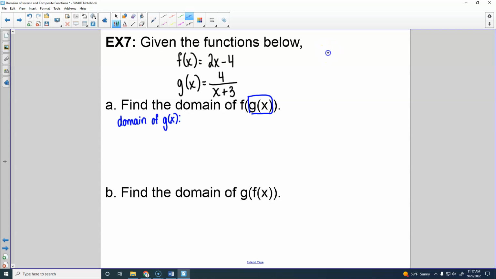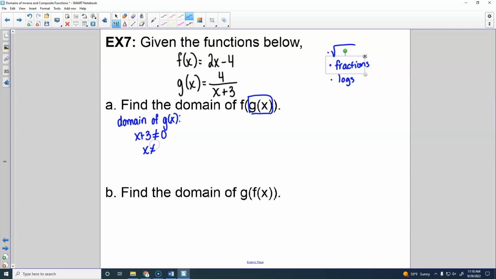The problems I'm looking for are square roots, fractions, and logs. Those are the things that give me problems. For g of x, what do we have? We've got a fraction. And with a fraction, what cannot equal 0? The denominator. So our denominator, x plus 3, cannot equal 0. Even though that's a not equal sign, you can solve it like it's an equation.